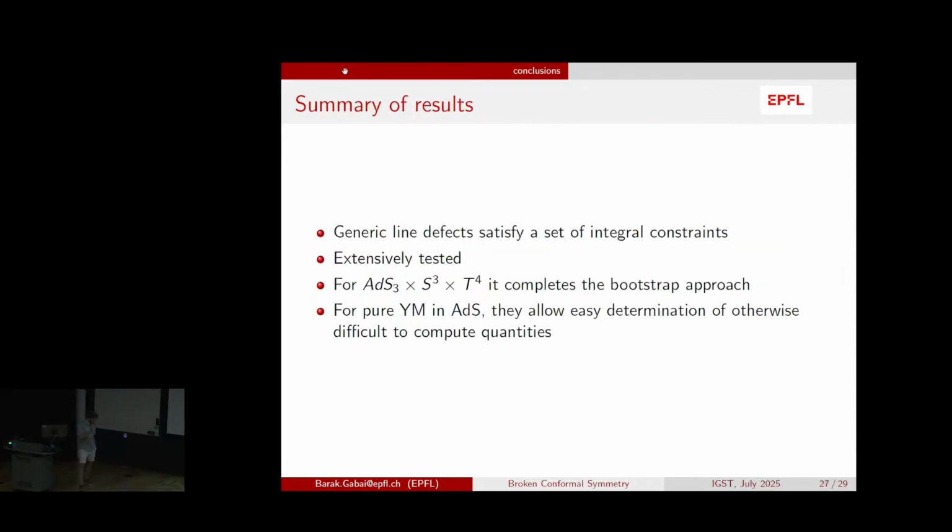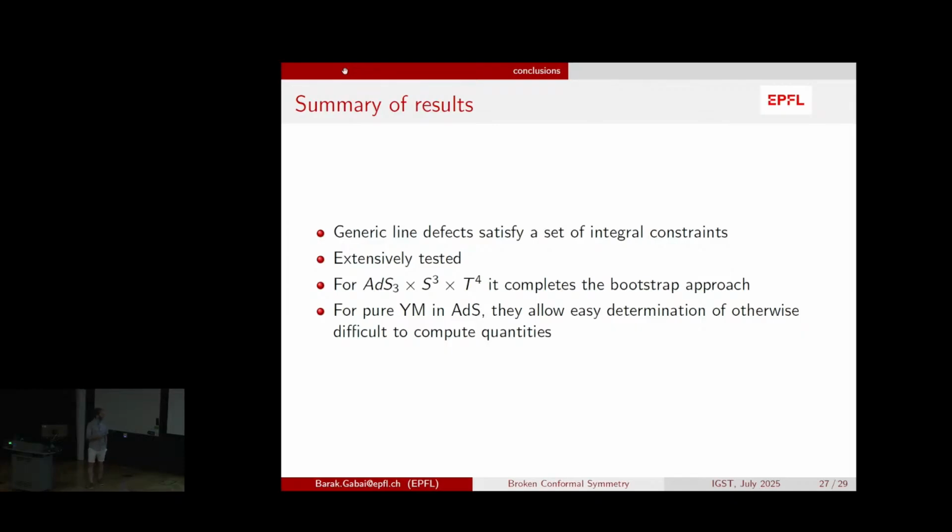Okay, let me just quickly summarize the results. Line defects, generic ones, satisfy a set of integral constraints that I presented. They are quite explicit. They were extensively tested.